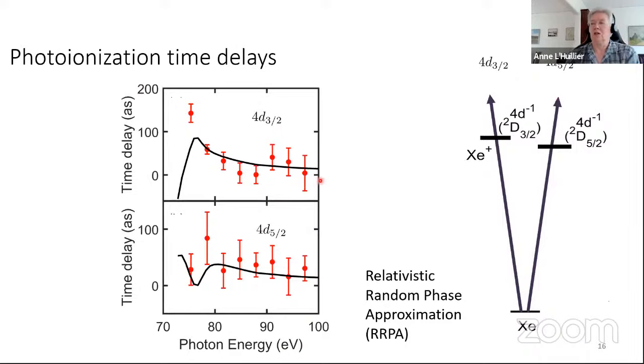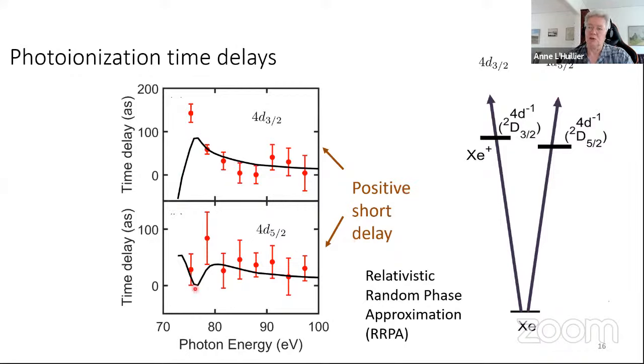The calculations shown here have been obtained by using relativistic random phase approximation, and this is a calculation performed by Eva Lindroth at Stockholm University. What you see is that the two results look the same here at high photon energy. You see a positive time delay and rather broad behavior and short time delay.